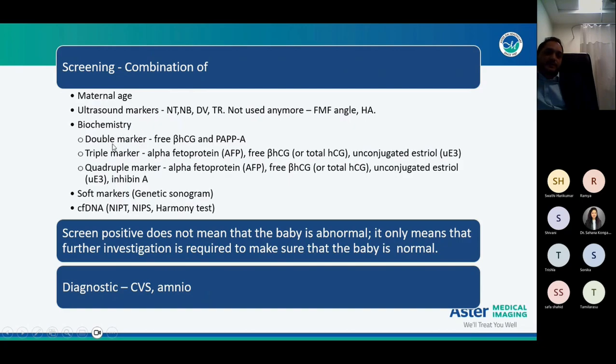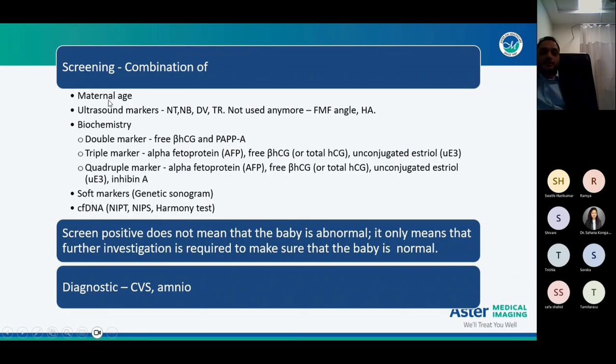This biochemistry can be done in the form of double marker, which involves free beta HCG and PAPP-A, triple marker, which involves these biochemicals, as well as quadruple marker, which involves AFP, beta HCG, unconjugated estriol, and inhibin A. So this is what we are doing in first trimester, then triple or quadruple marker in second trimester, and also the sonological soft markers, which are seen mostly in second trimester, but can appear in first trimester as well as later in third trimester as well.